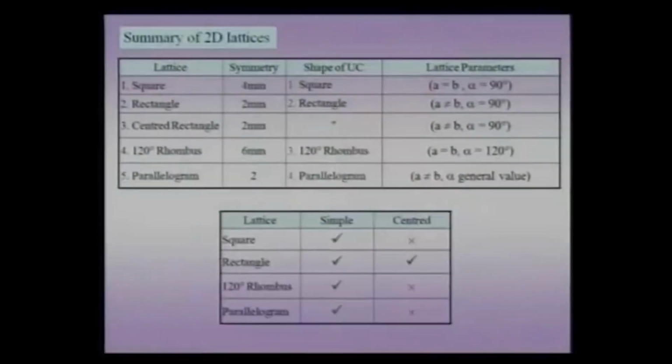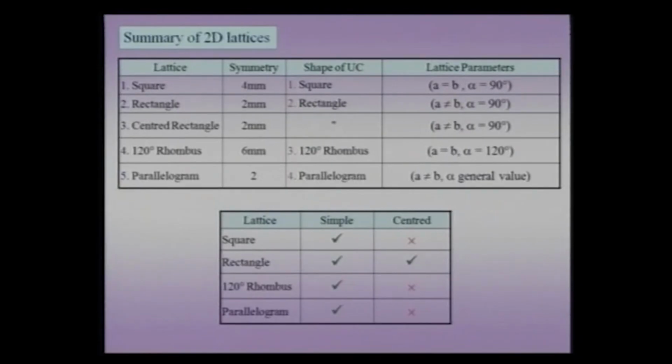So the lattices in two dimensions are the square lattice, the rectangle lattice, the centered rectangle lattice, the 120-degree rhombus lattice and the parallelogram lattice. The square lattice has a 4mm symmetry, the rectangle lattice has a 2mm symmetry, the centered rectangle lattice also has a 2mm symmetry, the rhombus lattice has a 6mm symmetry and the parallelogram lattice has the least possible symmetry for any lattice, which is a two-fold symmetry.